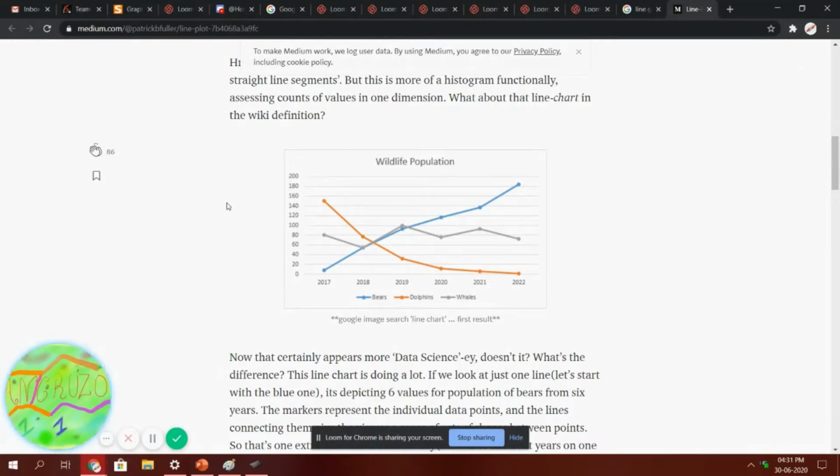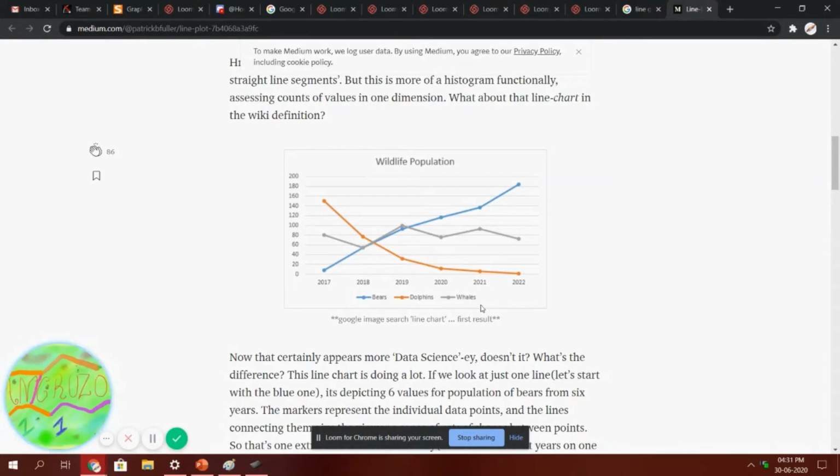You can see that this data is about wildlife population, and there are 200 species, and here are the years: 2017, 18, and 19, and so on.